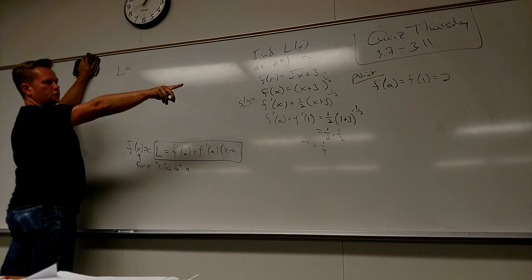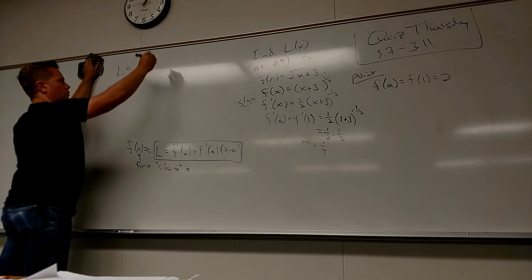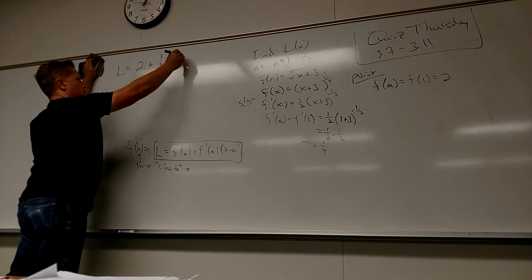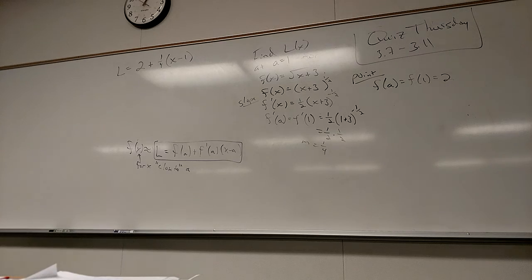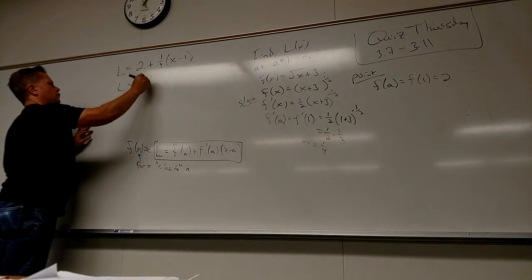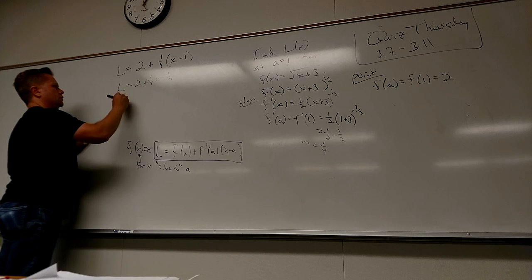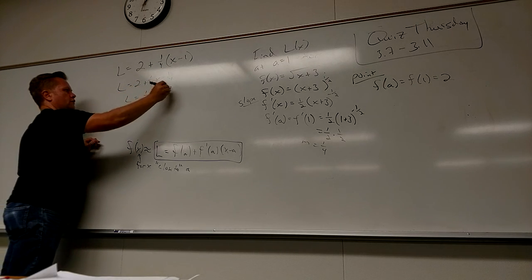So what's my f of a first off? 2. So it's 2 plus the slope times x minus a, which was 1. So this will be 2 plus 1/4 x minus 1/4, so it's going to be 1/4 x plus 8/4 minus 1/4, which is 7/4.